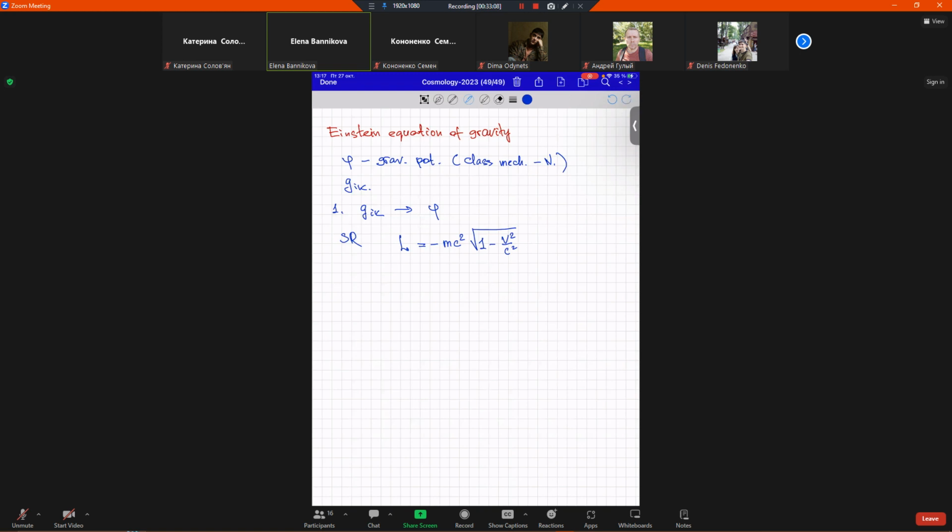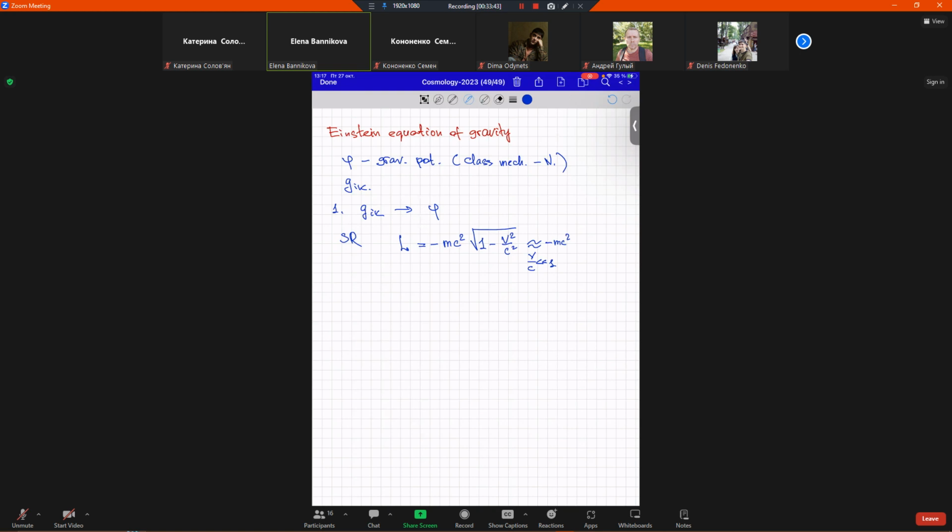If we consider the limit of velocity much less than the speed of light, we just expand this square root in a series, limiting to the first terms.